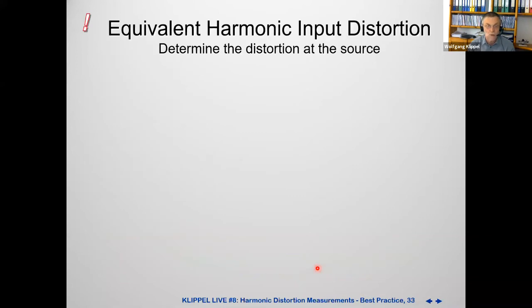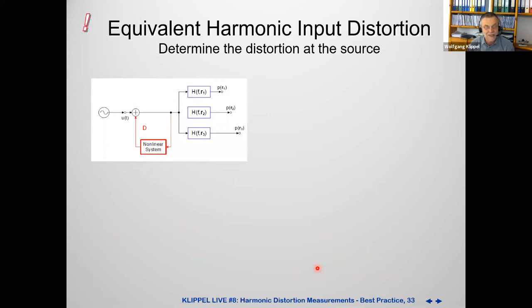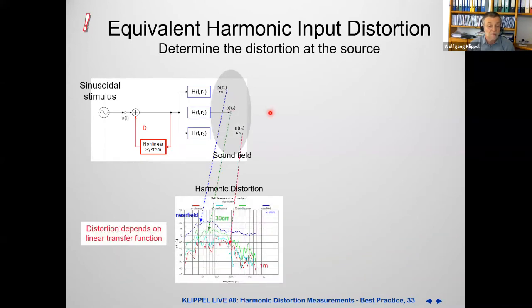Okay. Now we are on the equivalent harmonic distortion measurement. That's actually a new thing provided by the standard, and it's very powerful. Up to now, we have used a microphone to measure the output in the sound field. We have used Farina techniques or any other FFT to separate the fundamental from the harmonics, and we get a different response at each observation point.